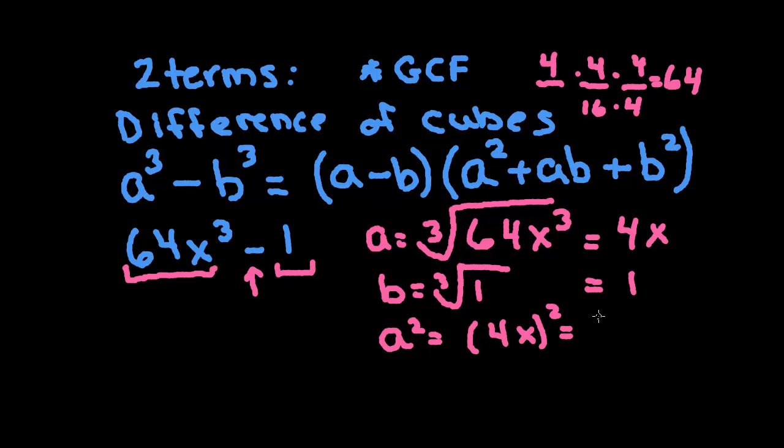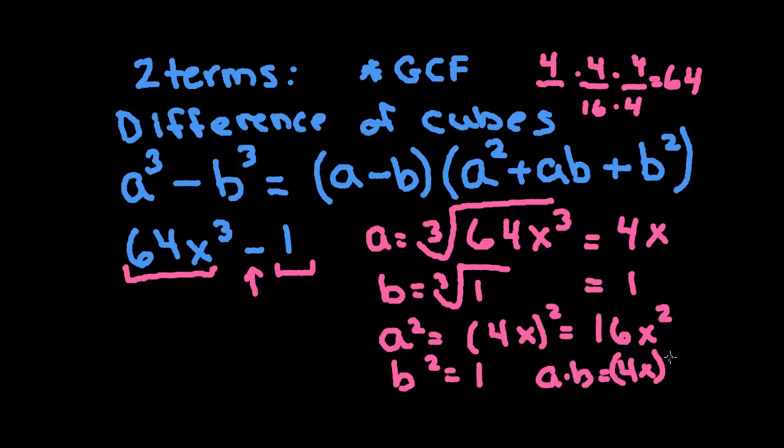So 4 squared is 16, and x squared is x squared. And we're going to take b, and we're going to square it. 1 squared is 1. And then the last thing we're going to do is we're going to multiply a times b. So we're going to do 4x times 1. And that gives us 4x.